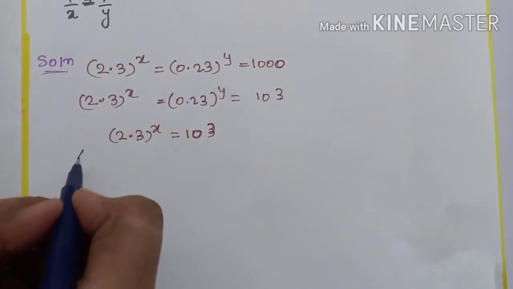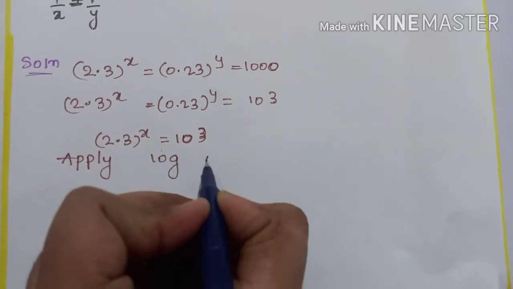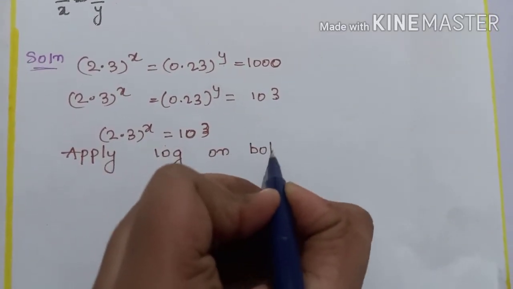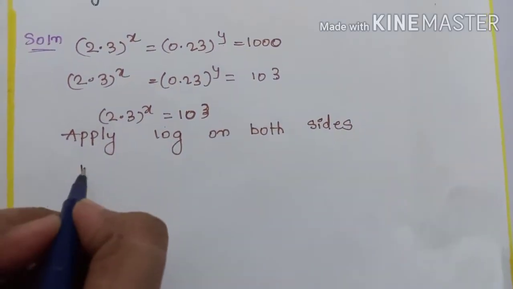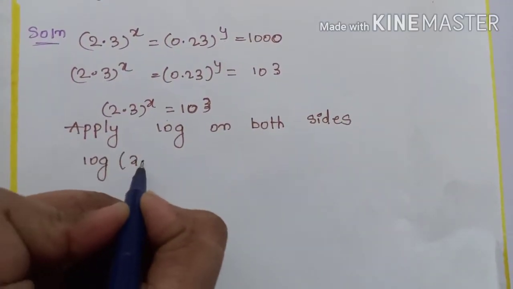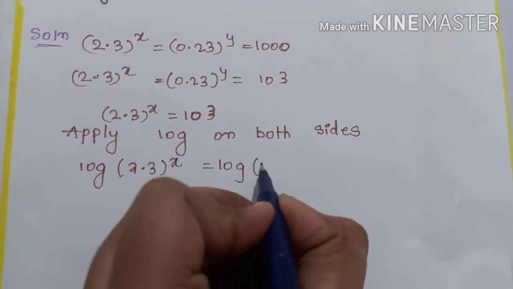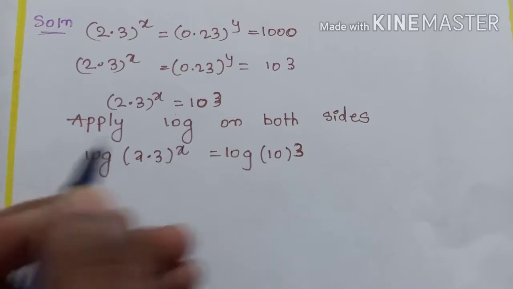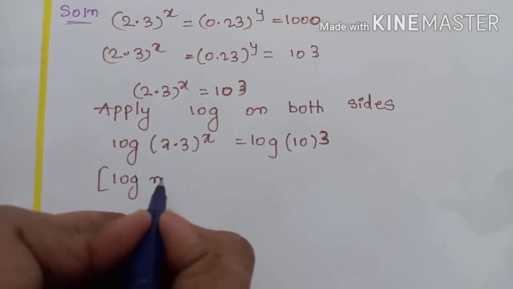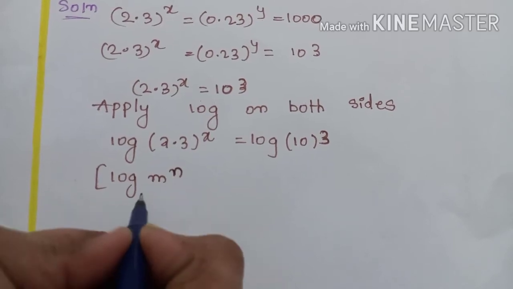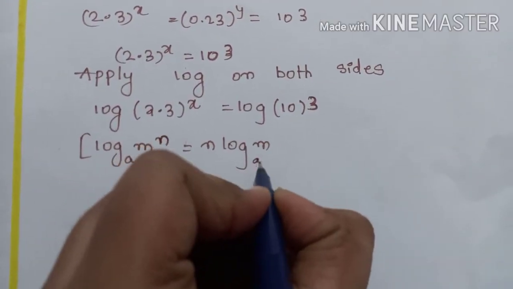Now apply log on both sides. That is log 2.3^x = log 10^3. Now we know the property that log m power n to the base a can be written as n log m to the base a.